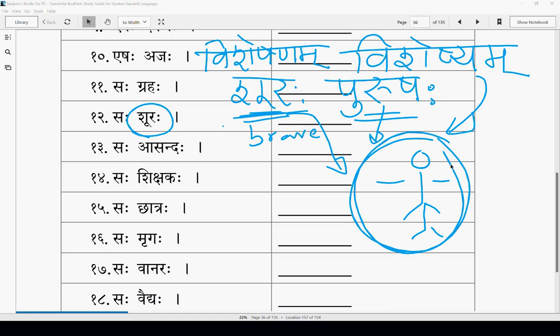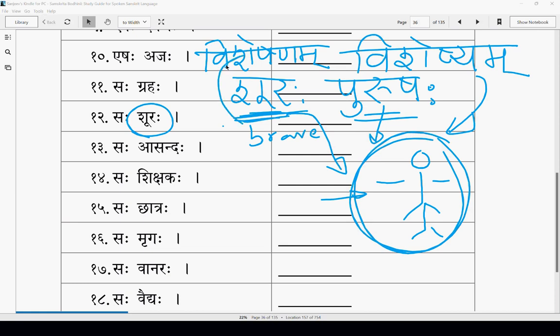So here absolutely there is no difference. Both the words Visheshanam and Vishesham refer to exactly the same object, and this Vishesham might have many other qualities. That's fine, but all the words which represent the qualities actually mean the same thing.